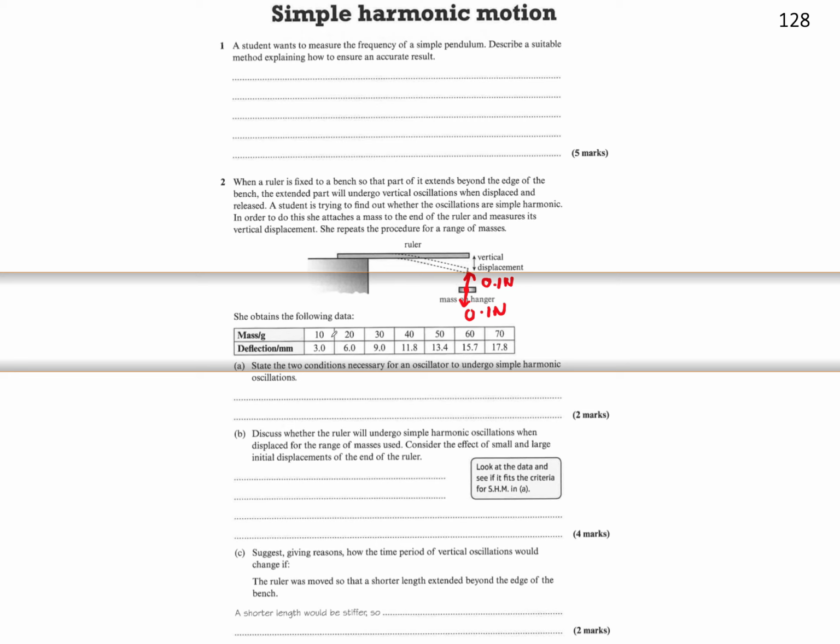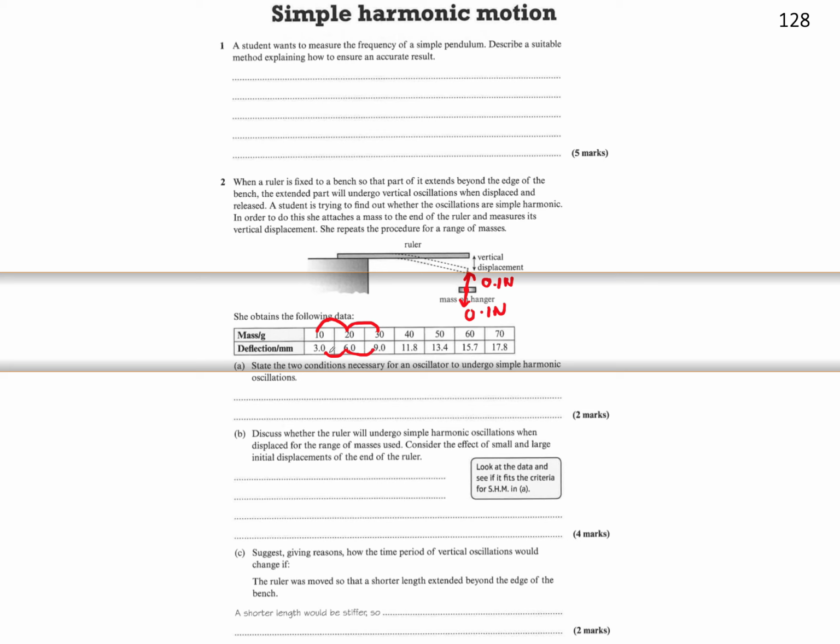And you can see that as you increase the mass, in other words the force is increased, so mass is related to the force, the deflection increases. In other words, the force is proportional to the deflection or the displacement from the equilibrium point.